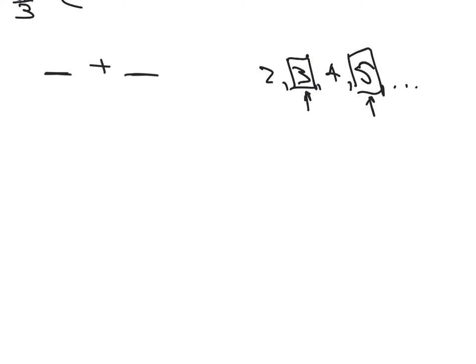So let me, first of all, here's the answer. The answer is 13 and 15. Because 13 plus 15 is 28. These are consecutive odd integers. And so the answer they're looking for is the first number, which is 13. So how do they get that?